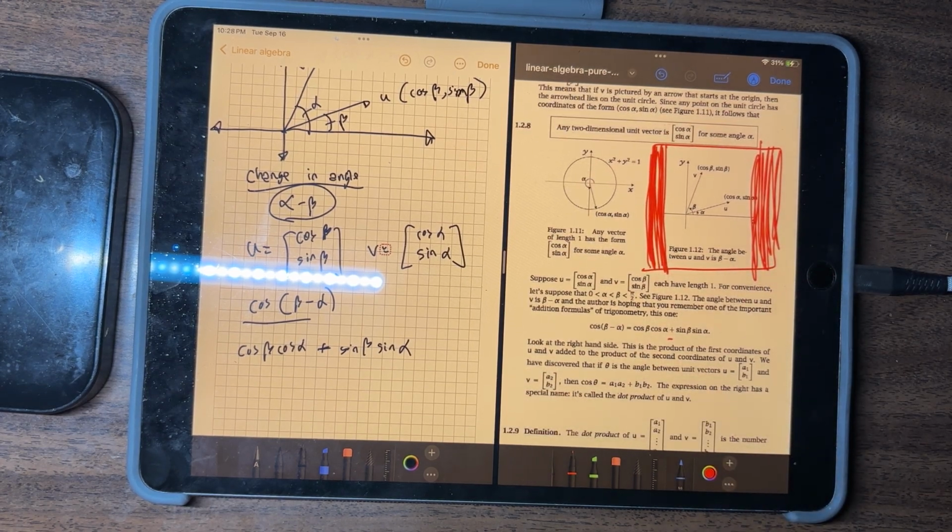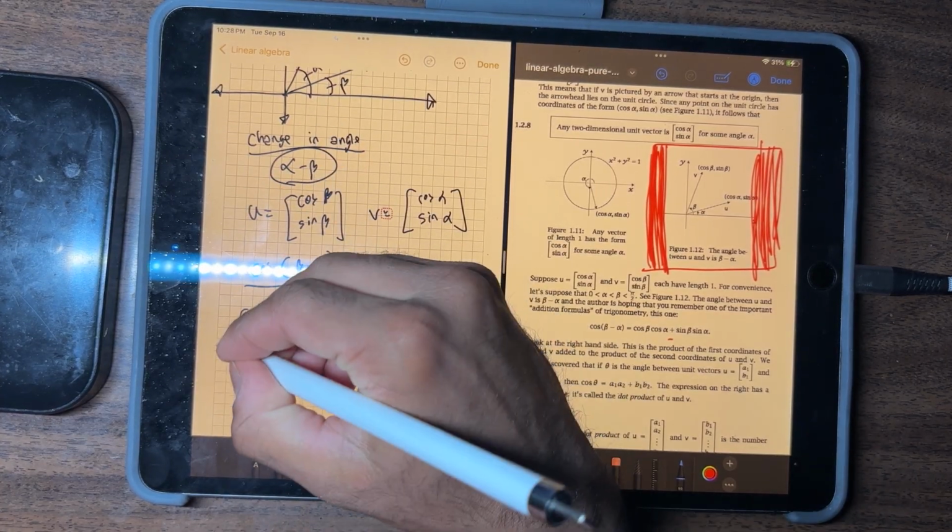This is the product of the first coordinates of U and V added to the product of the second coordinates. If theta is the angle between the unit vectors U and V, then cosine theta would be A1 A2 plus B1 B2.